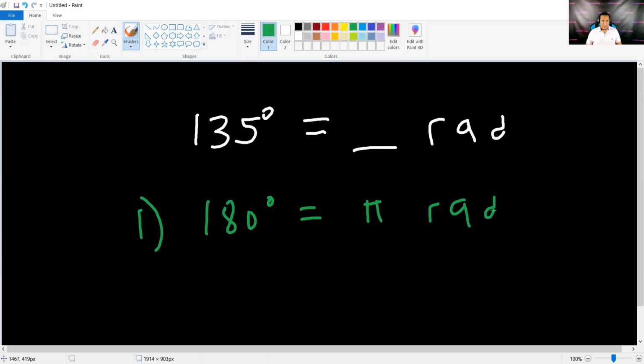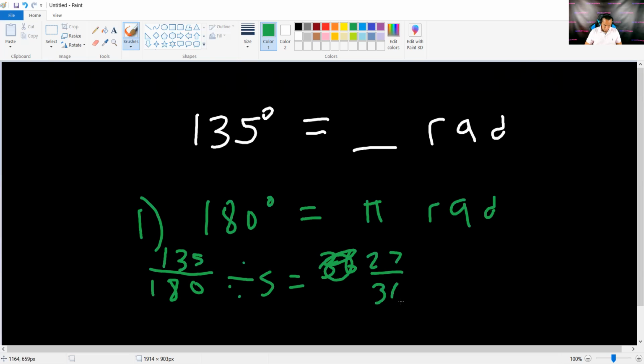It turns out that the biggest number that goes into that, it looks like it's 5, but then as you go further, you get not the simplest answer. So we divide 180 and 135 by 5 on each side. Sorry, you get 27 over 36, because 5 goes into 135 27 times, and 5 goes into 180 36 times.